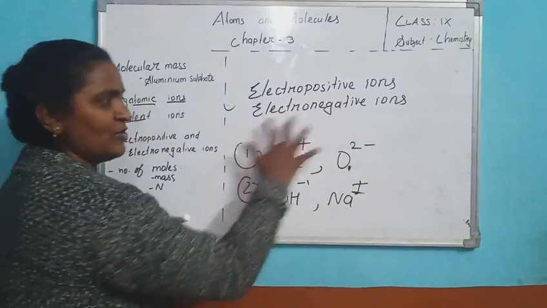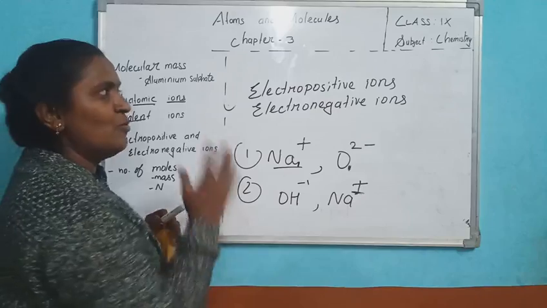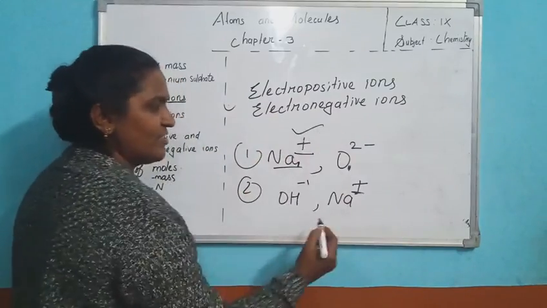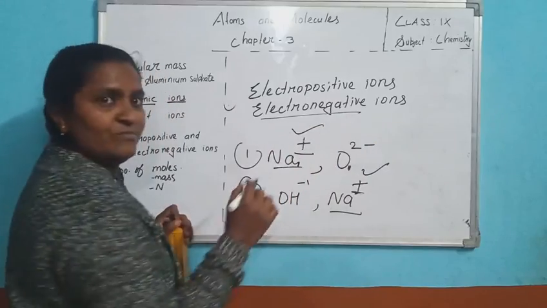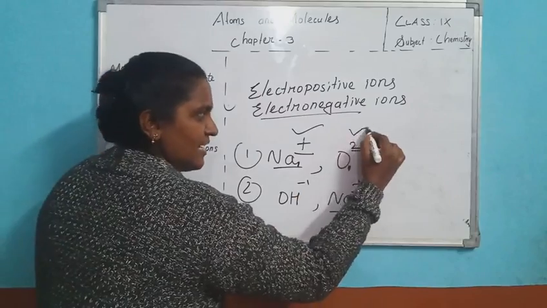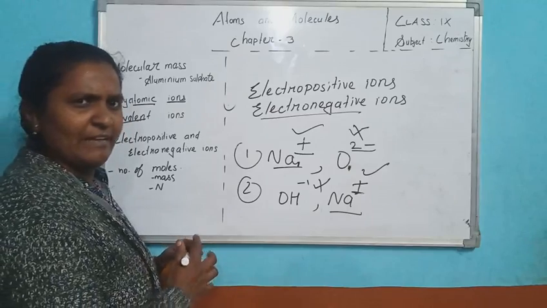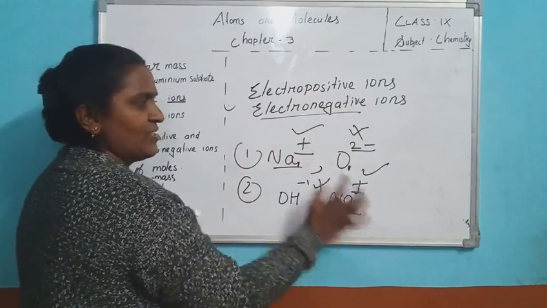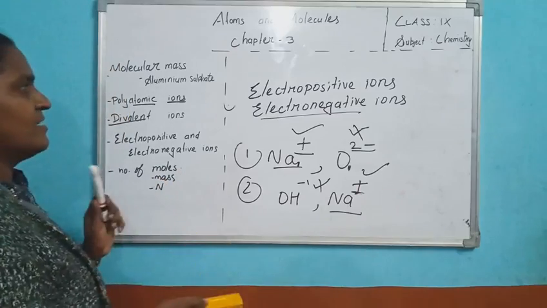Among these radicals, who are electropositive? Those who carry positive charge. This is electropositive, this is electropositive. Who are electronegative? Those carrying negative charge. This is electronegative, this is also electronegative. Any group which carries negative charge is called an electronegative ion, and which carries positive charge is called an electropositive ion. Clear? Next topic is how to find the moles.